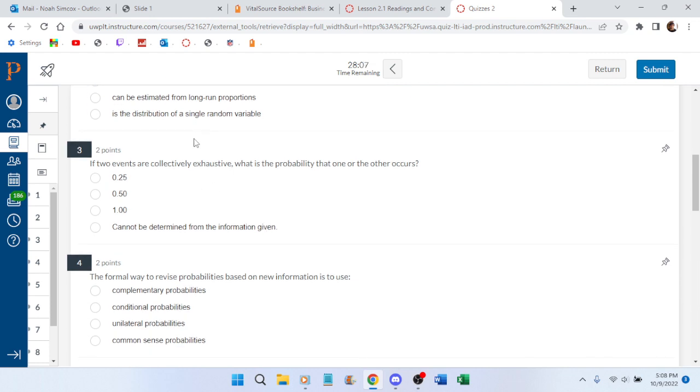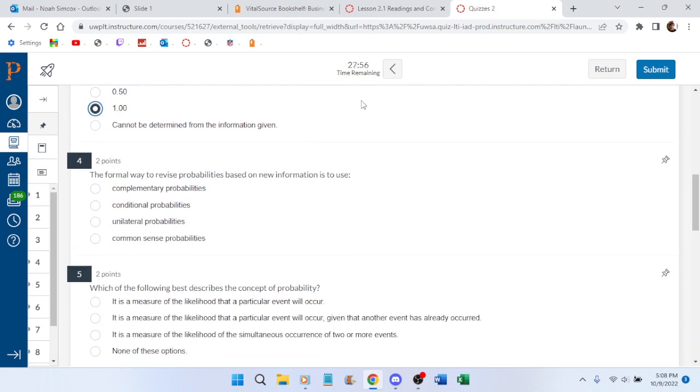Okay, if they are collectively, what is the probability that one or the other occurs? 1. The formal way to revise probabilities based on new information is to use conditional?